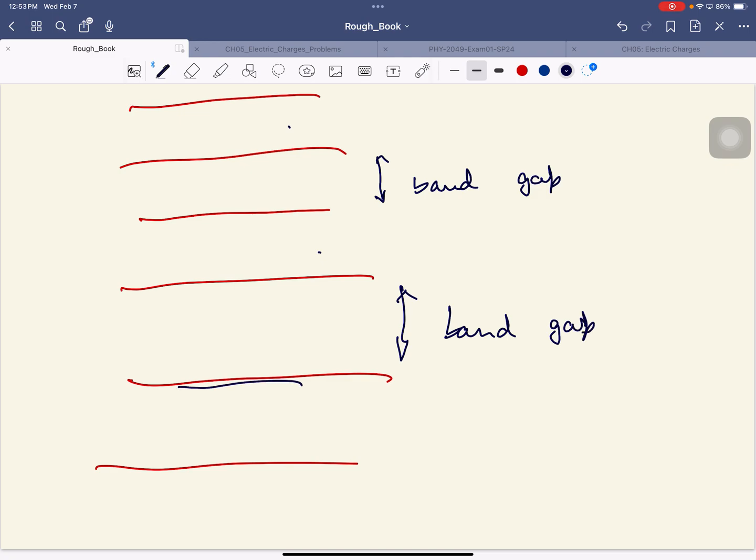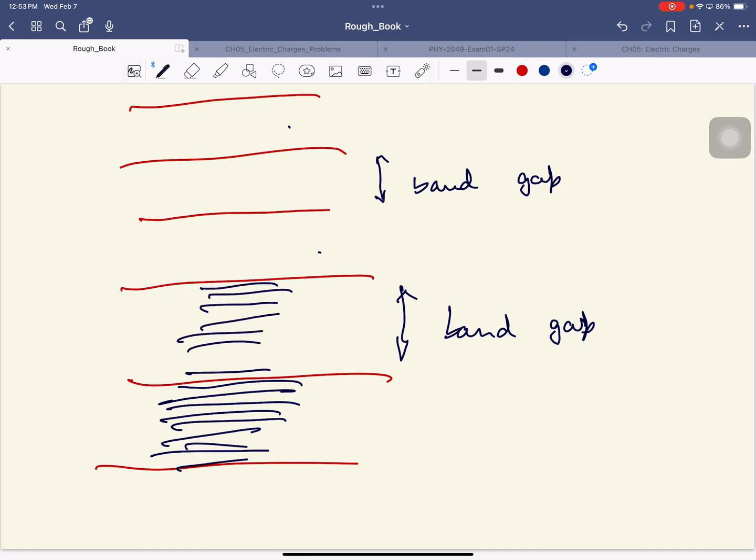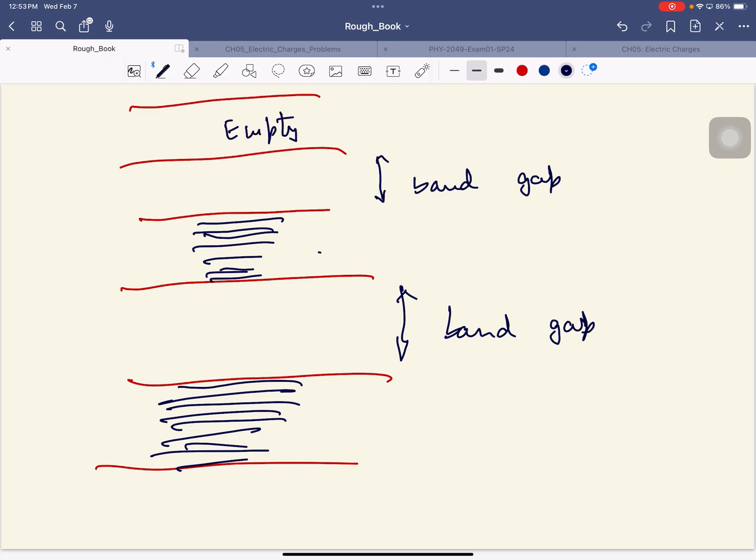Okay, the lowest bands are all full. This is all full. Okay, oops, that's a band gap. Okay, and if this band is full and this band is empty, this is the valence band, and it's full.